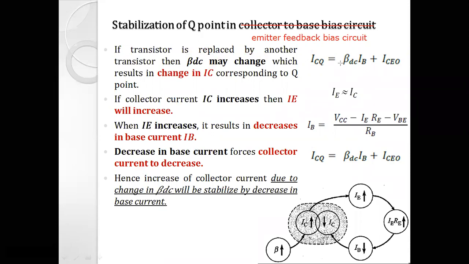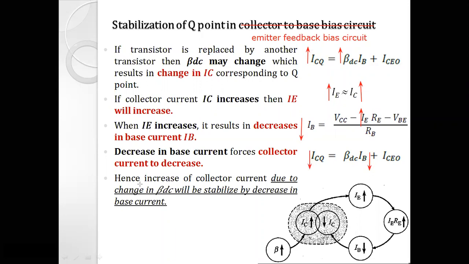So if beta increases, obviously IC should increase, and when IC increases, IE should also increase, and if IE increases, then IERE increases, and because of that IB reduces. If IB reduces, then IC reduces, right?